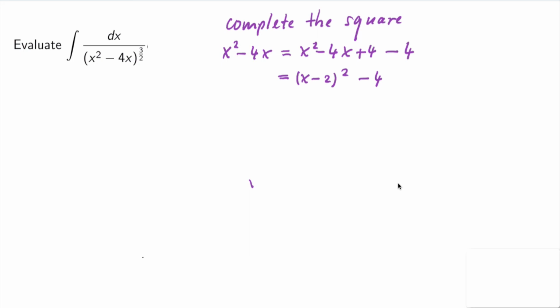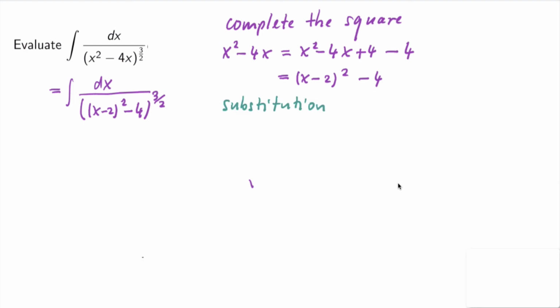Good. So then we can plug this back into the integral, and we get integral dx divided by x minus 2 square minus 4, and then all this to the 3/2. Now we can go back to the table of integrals, and we find it's still not there. Okay, so then we have to do another step, which is a substitution. We substitute u is x minus 2, du is dx.